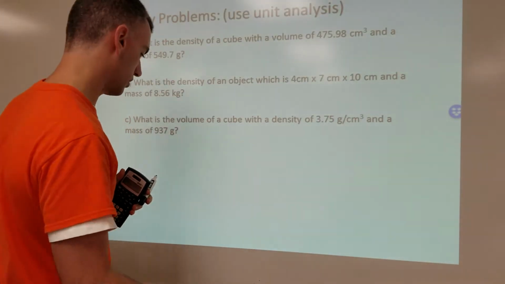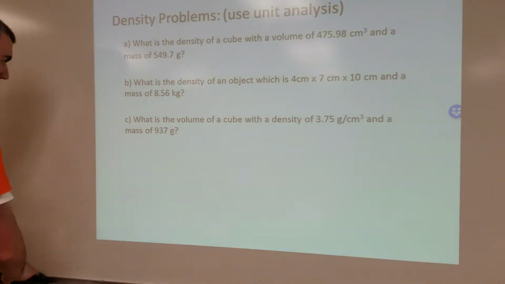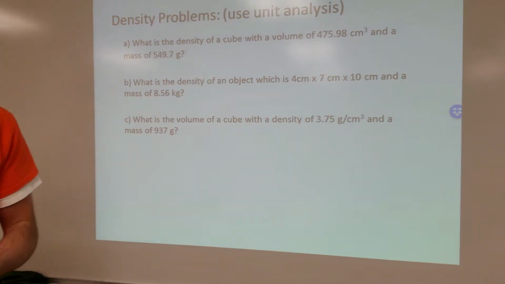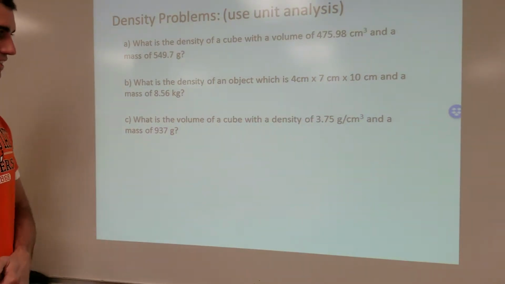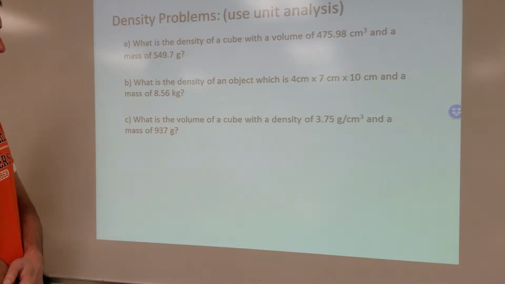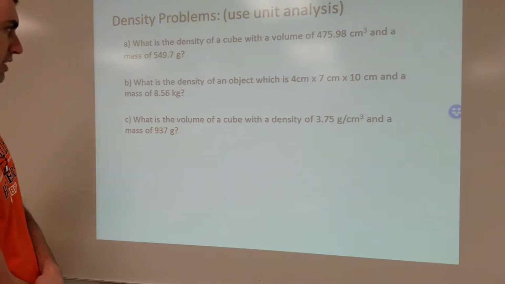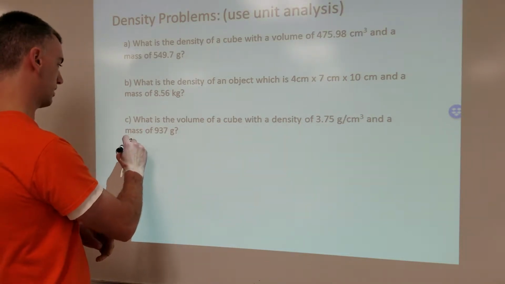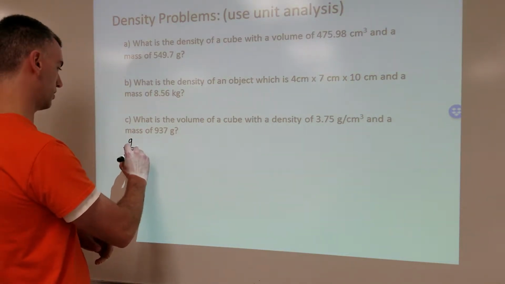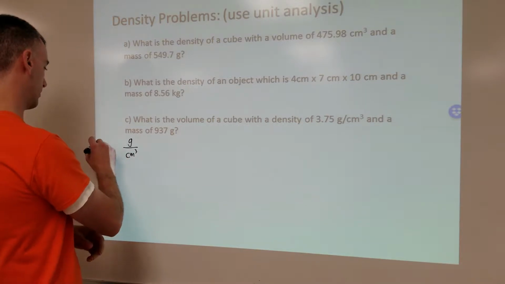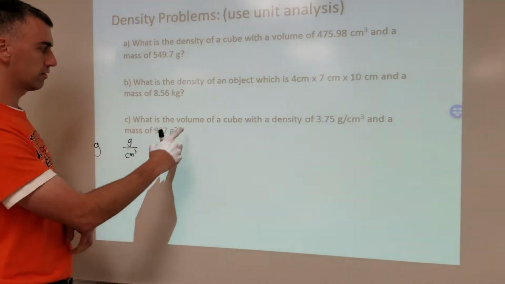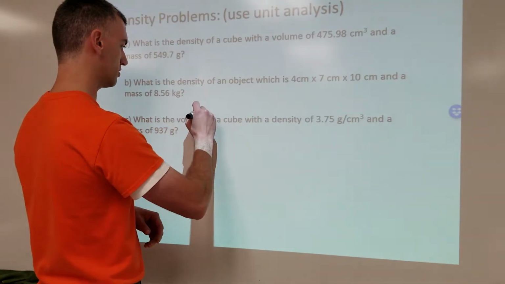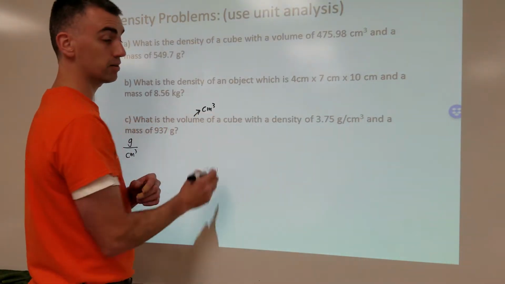Now, what we can also do is deal with things like this, where now it's asking for volume instead of density. So this is where unit analysis becomes important. You have grams per cubic centimeter, and you have grams, and somehow you need to get a final unit of volume. You see cubic centimeters, so you need cubic centimeters.